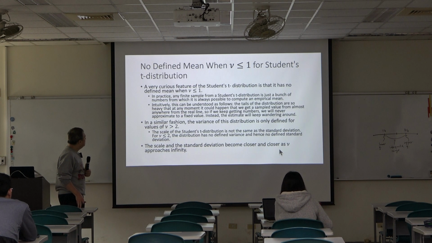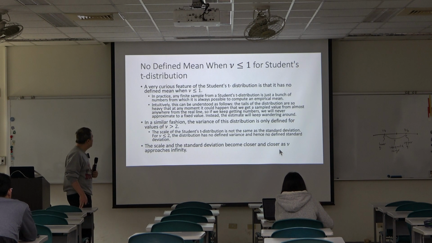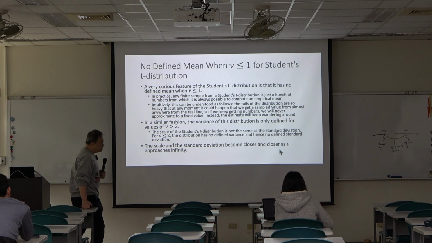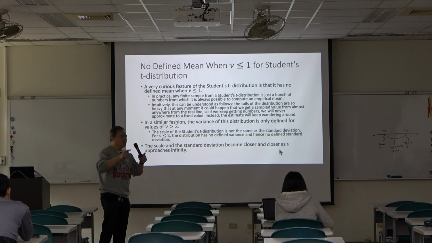There are some factors we need to be very careful about when we set up these values. For example, it has no defined mean when V is smaller or equal to 1. What do we mean? When V is smaller or equal to 1, it has no defined mean because it's so heavy-tailed.